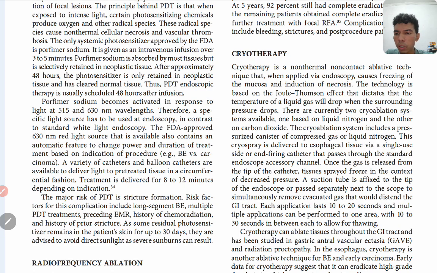The FDA approved 630 nanometer red light source also contains an automatic feature to change power and duration of treatment based on the indication. A variety of catheters and balloon catheters are available to deliver light to pre-treated tissue in a circumferential pattern. Treatment is delivered for 8 to 12 minutes depending on indication.